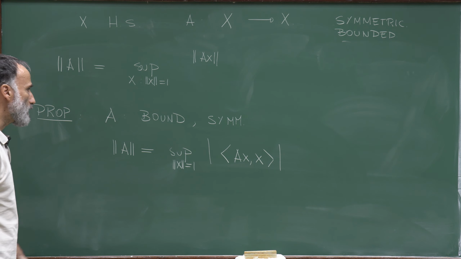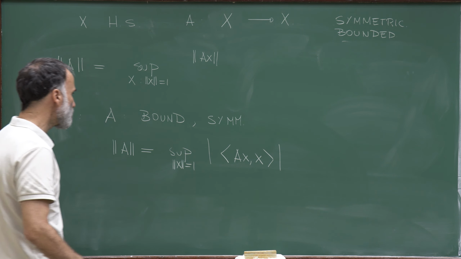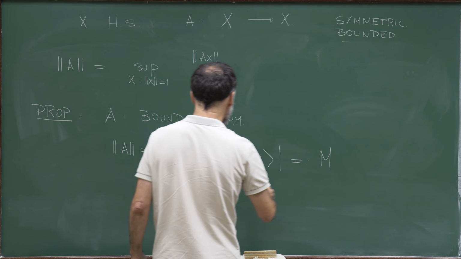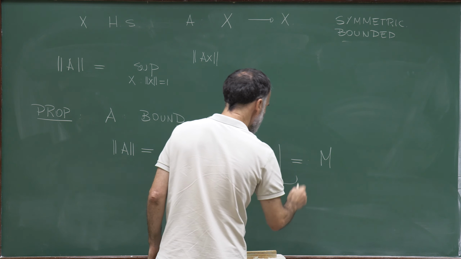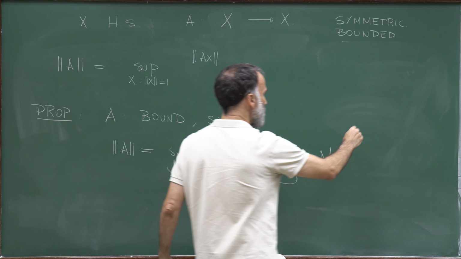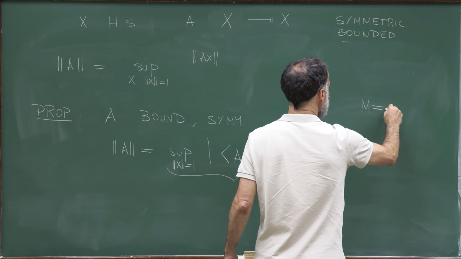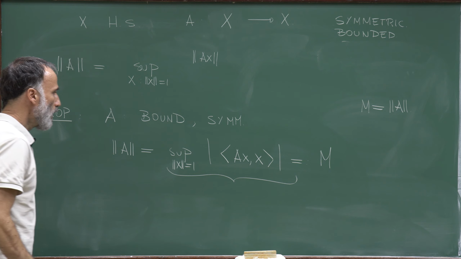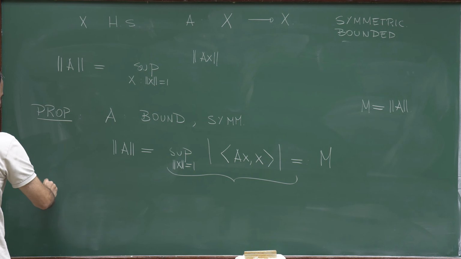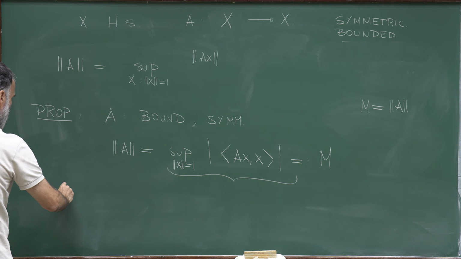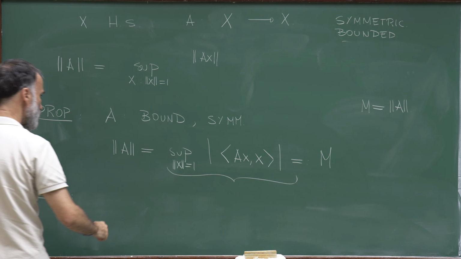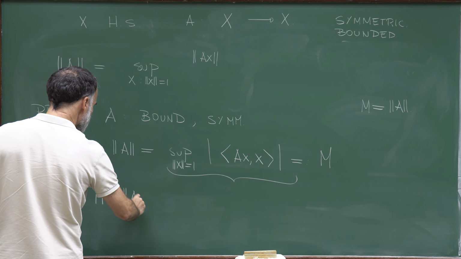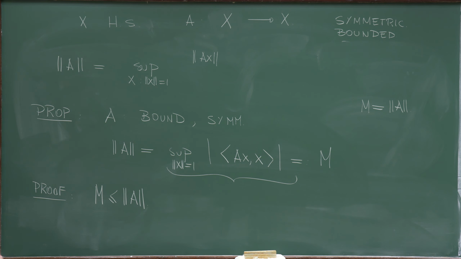There is one inequality which is pretty clear. So let me denote by M this supremum. And what I want to prove now is that M is equal to the norm of A. There is one inequality which is simple to prove, that M is less or equal than the norm of A. So let me prove that.